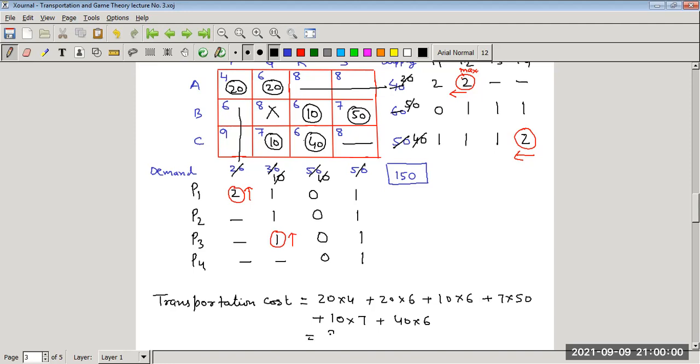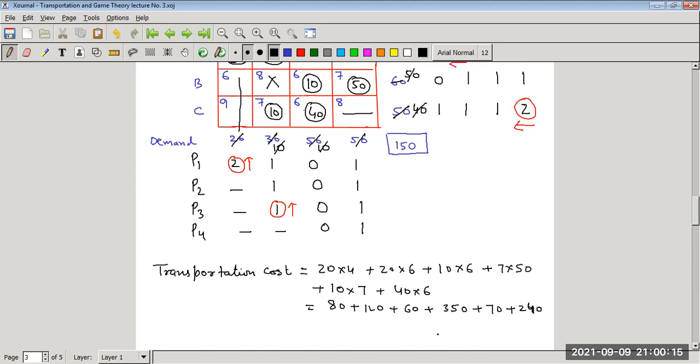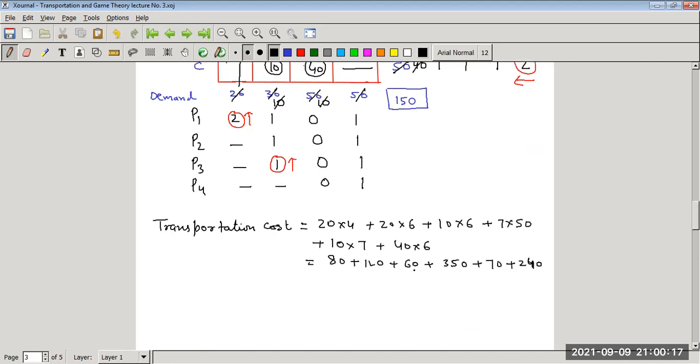So we get 80 plus 120 plus 60 plus 350 plus 70 plus 240. So 200, 260, 560, 610, 680, 880, 920. So we get rupees 920.